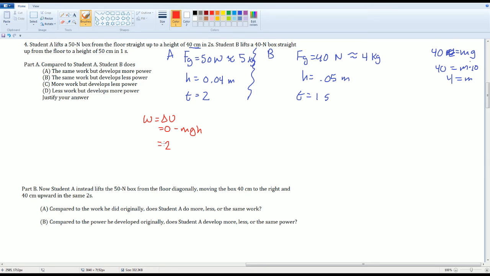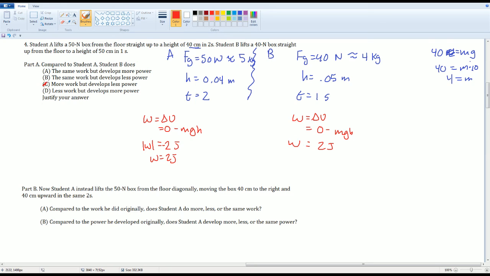I understand there's a minus, if you want to be really picky, but I'm going to take the magnitude of work. Same thing here, 0 minus mgh. This is M, which is 4, times 10, and it lifts it to 0.5. So this is 2 joules of work. So same amount of work.